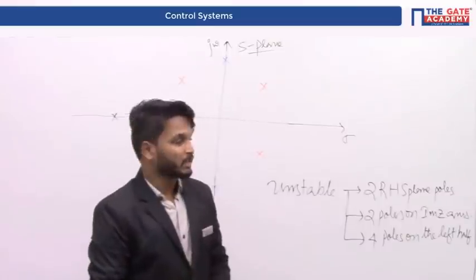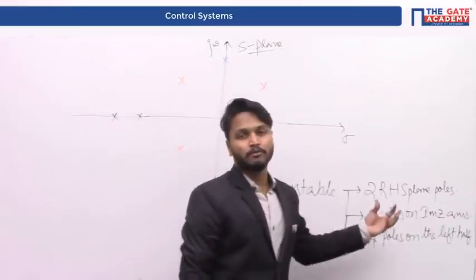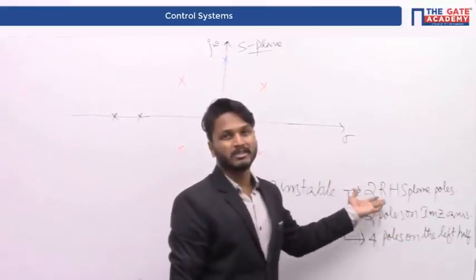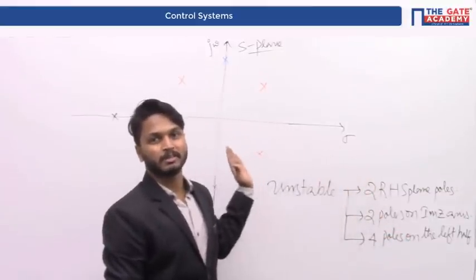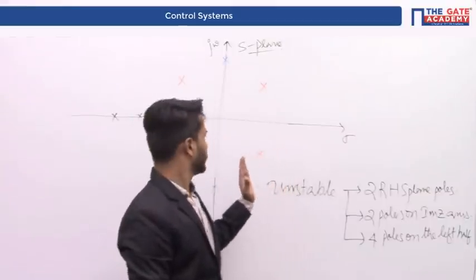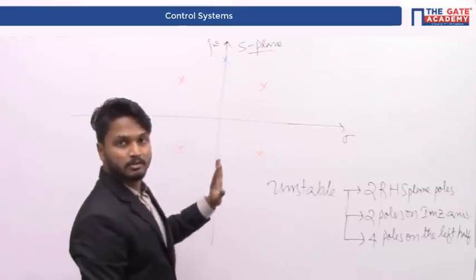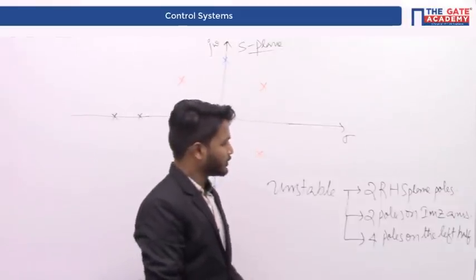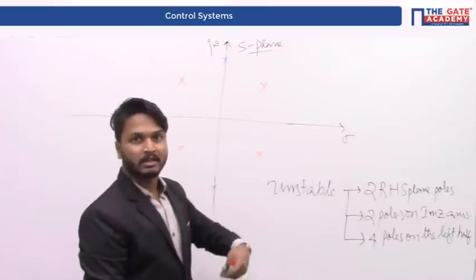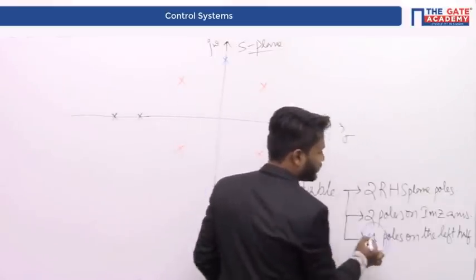Questions might be asked like this. You might be asked the number of poles strictly lying on the left half of S-plane. Lying strictly in the left half of S-plane means the poles lying on the j omega axis should not be counted. Therefore, the number of poles strictly lying in the left half of S-plane will be how many?